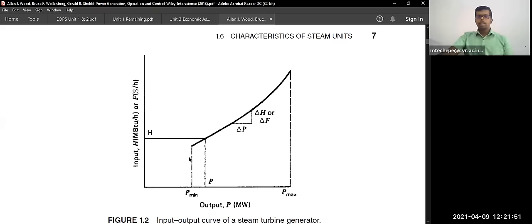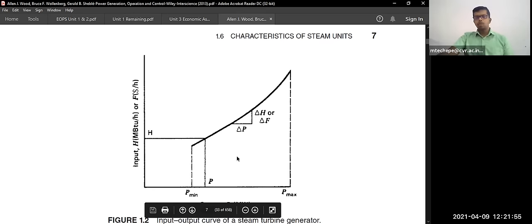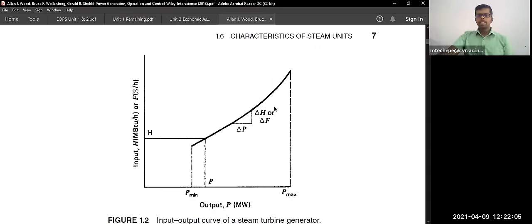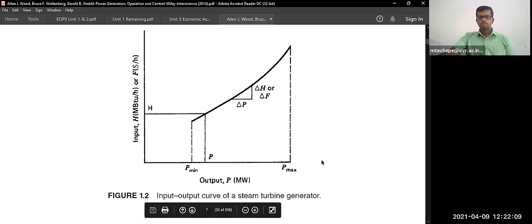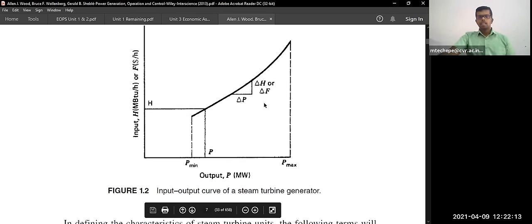So the minimum power generation here is 80 megawatt, and the maximum is 105 megawatt or 100 megawatt. It depends on the fuel spent, and the power generation increases gradually. So this is the input-output curve of a steam turbine generator.